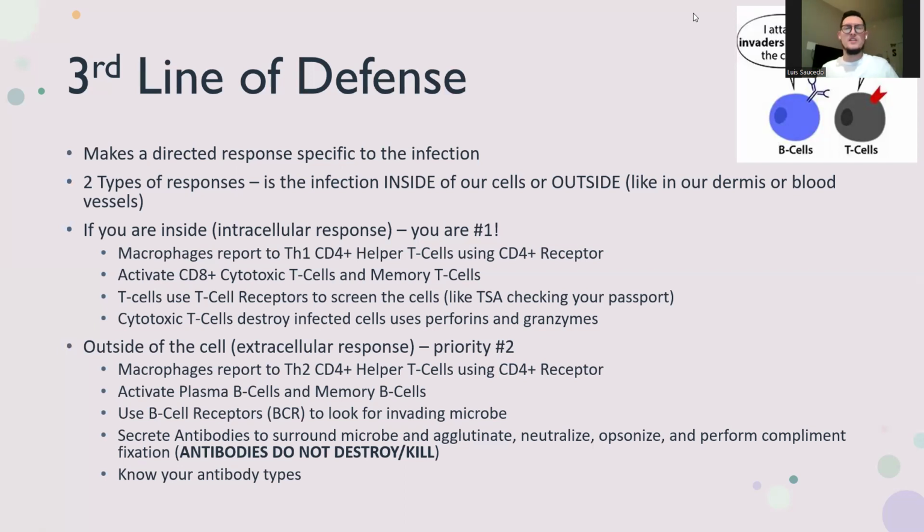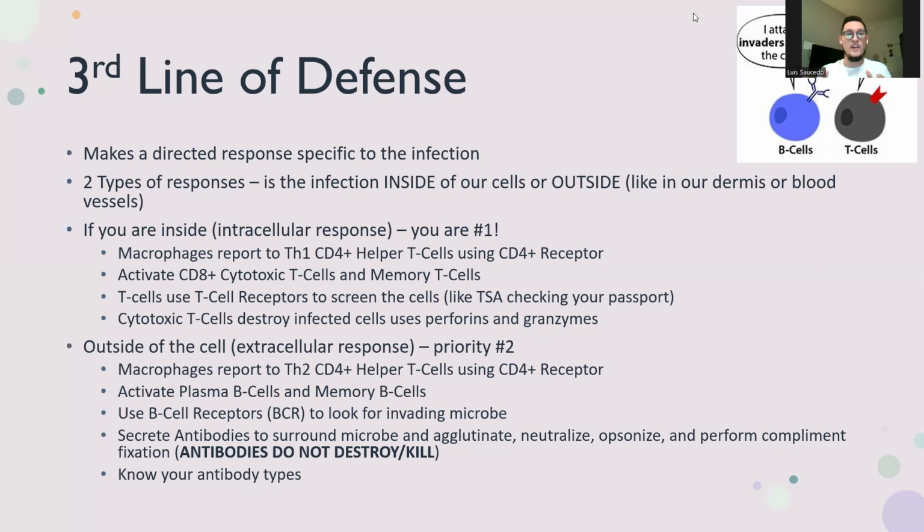The way this happens is your cells have that MHC1, the major histocompatibility complex. So MHC1 is your cell telling the rest of the body, hey, I'm you and I'm okay. The MHC1 can also tell the body, hey, I'm infected. You need to come get me and come get rid of me.